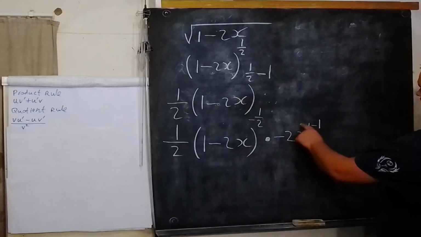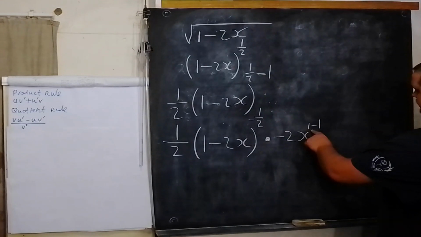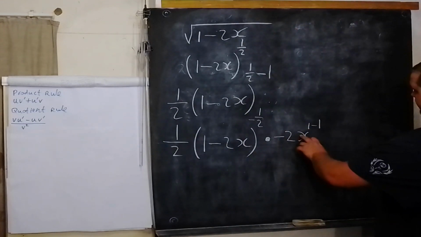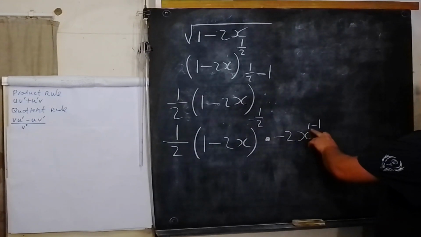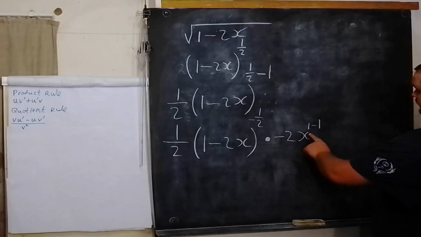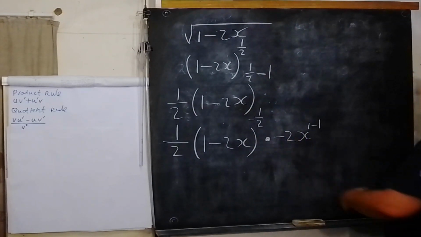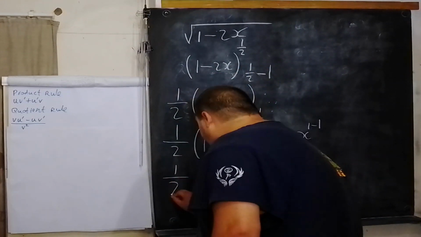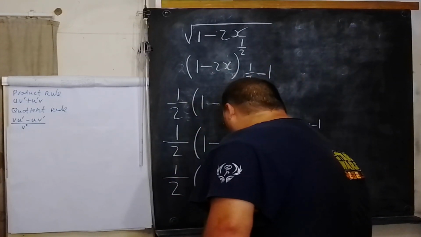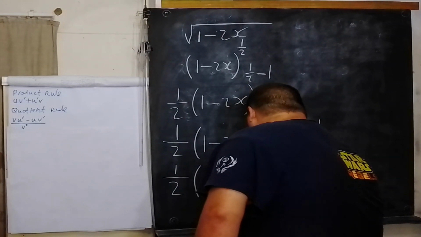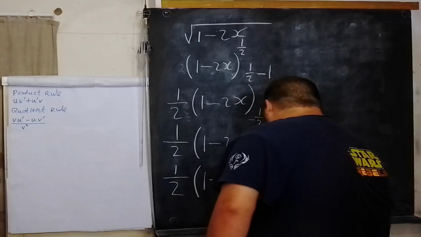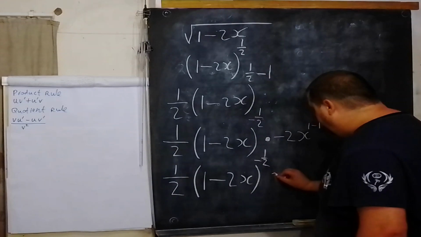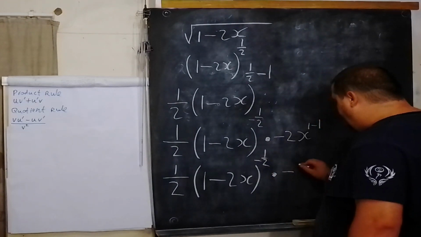So 1 times minus 2 is minus 2. x to the power 0 is 1, so 1 times minus 2 is still minus 2. So it'll be 1 over 2, (1 minus 2x) to the power minus a half, multiplied by minus 2.